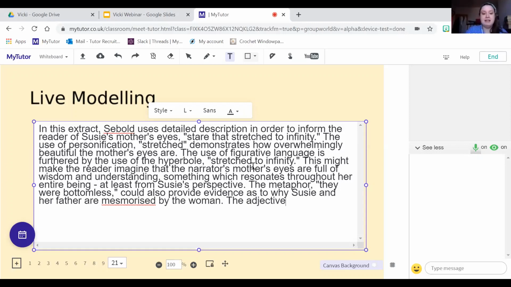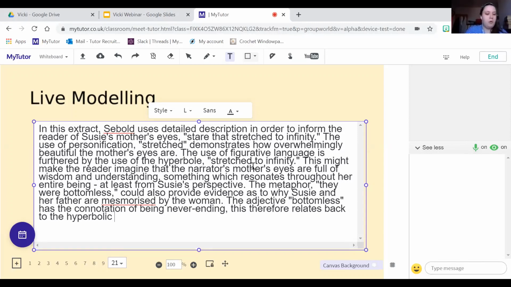So the adjective bottomless has the connotation of being never ending. This therefore relates back to the hyperbolic phrase, stare that stretched to infinity.